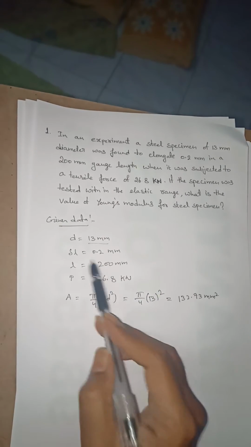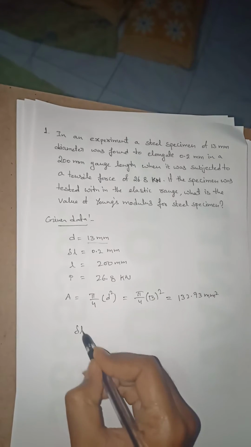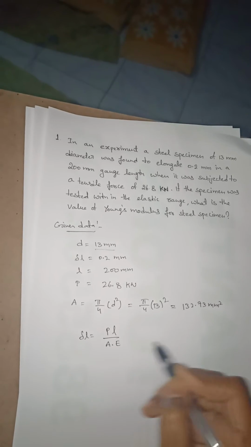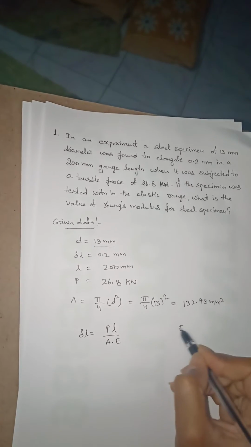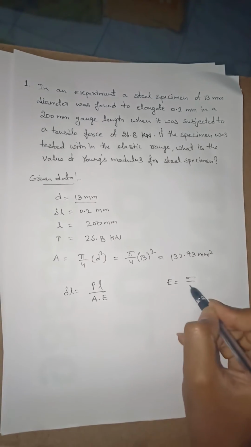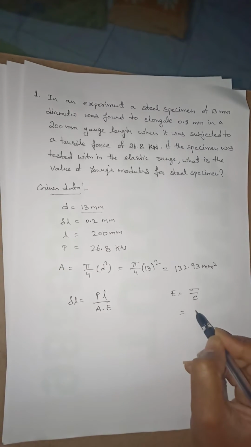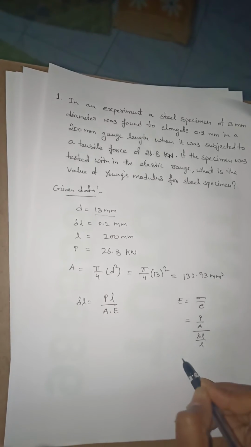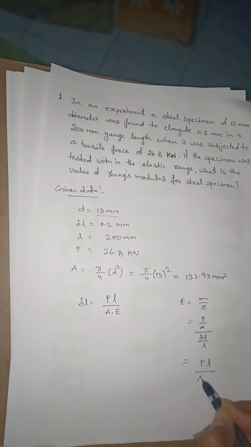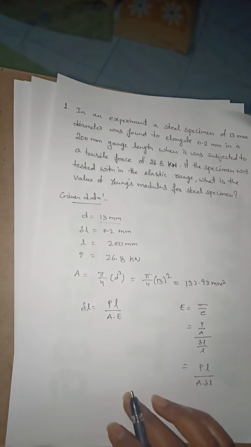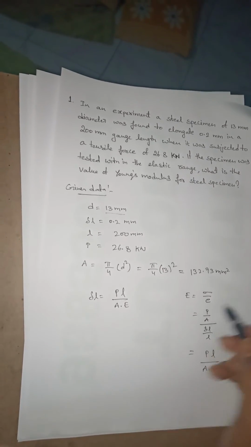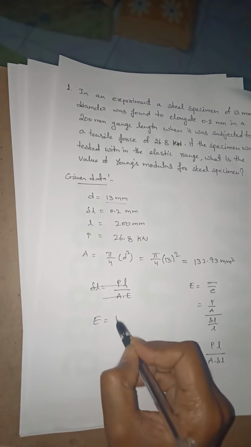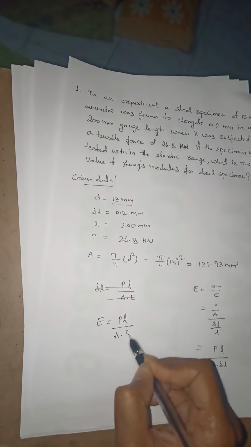Actually E is equal to stress by strain, that is equal to P by A divided by delta L by L, that is equal to PL by A into delta L. So E is equal to PL by A delta L.